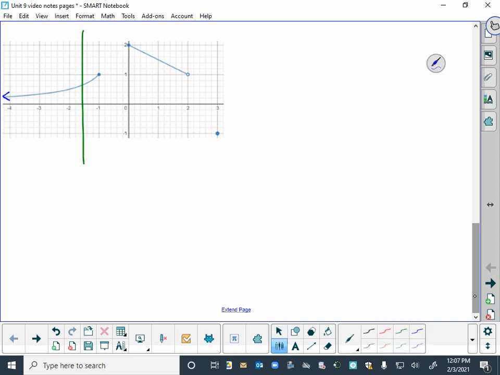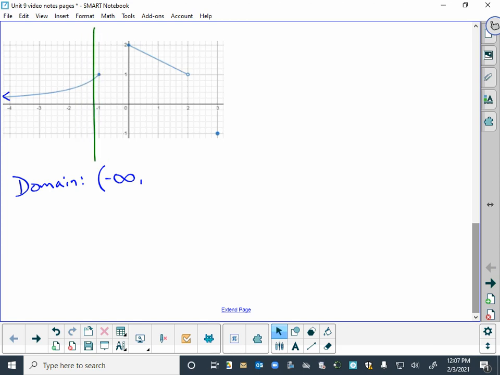Let's keep track of our domain as we're going along here. I'm coming in from -infinity, and something happens in this gap between -1 and 0. According to that solid dot in there, I can come in all the way to 1, that's fine, but then there's some empty space until I get to an x of 0.